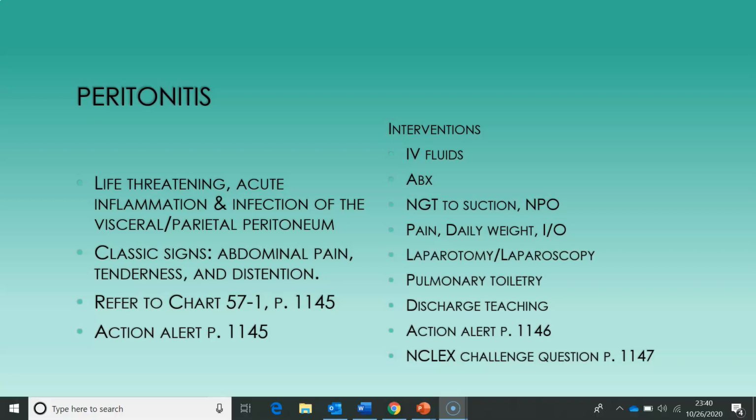Peritonitis is most often caused by a contamination of the peritoneal cavity by bacteria or chemicals. Bacteria can gain entry from a perforation in the peritoneal cavity.